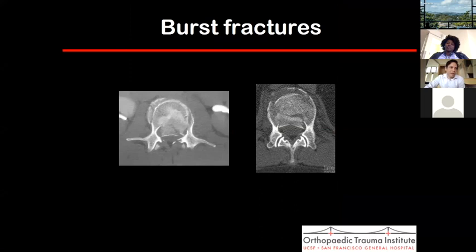But for me, what's a lot more important is the patient's neurologic exam. Whether someone has a lot of retropulsion or a little retropulsion, as long as they have a neurologic deficit, that's really what guides my treatment. We'll talk about how that plays into treatment when we get into the TLICS classification.